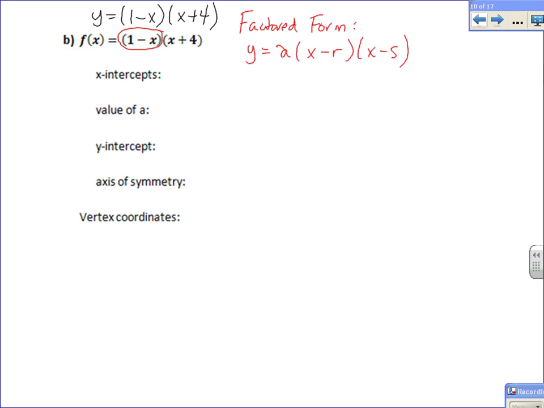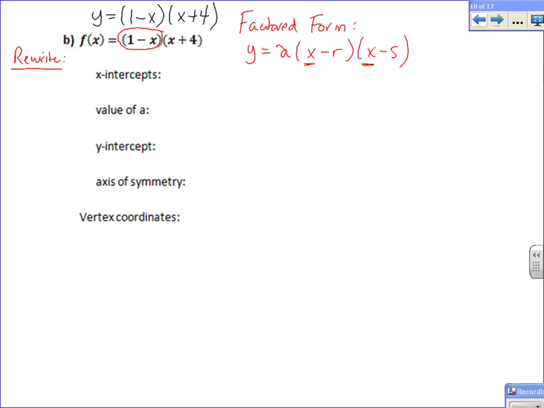In factored form, the factors always begin with a positive value of x, subtract r, multiplied by a positive value of x, subtract s. I always see that x comes first when it's written in factored form, and it always has to be a positive value of x. So what I want to do is rearrange or rewrite the factored form that I'm given in my question so that x comes first.